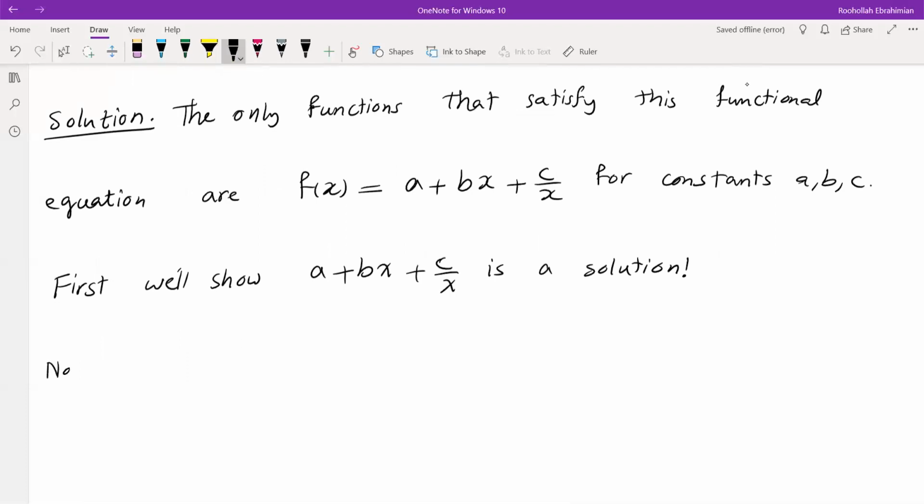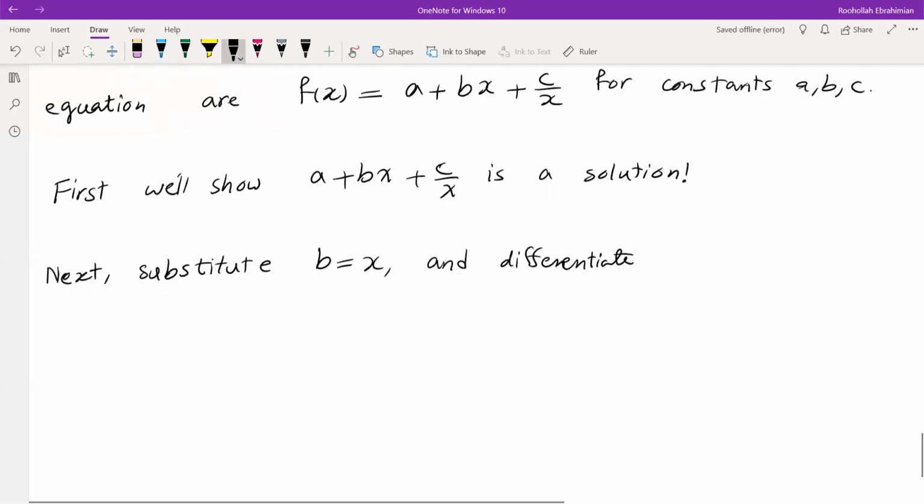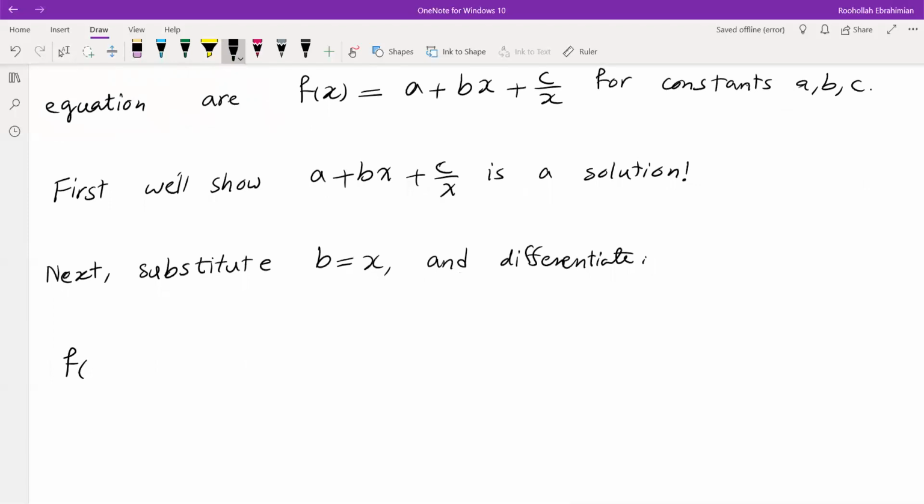Next, substitute b equals x and differentiate. So we have f of x minus f of a equals x minus a times f prime of root ax.